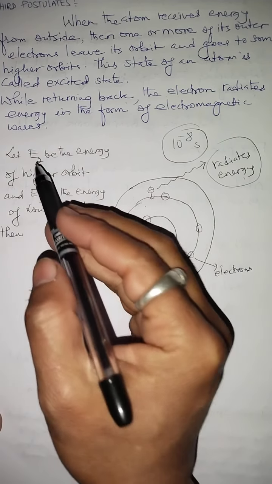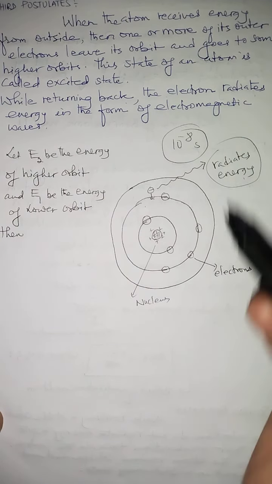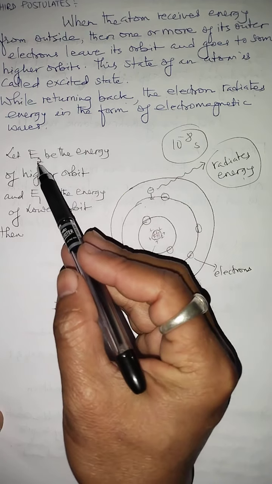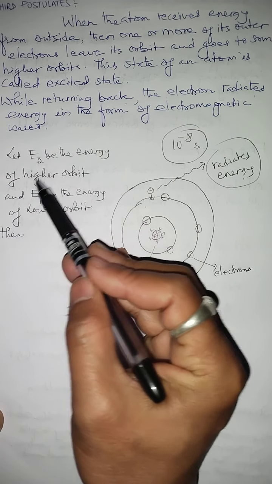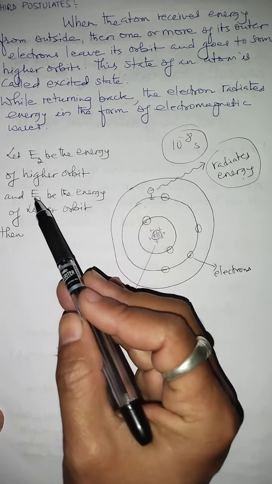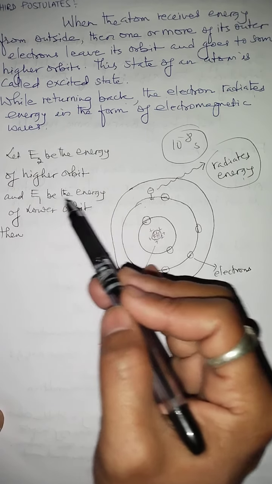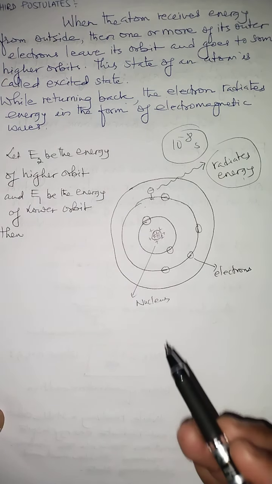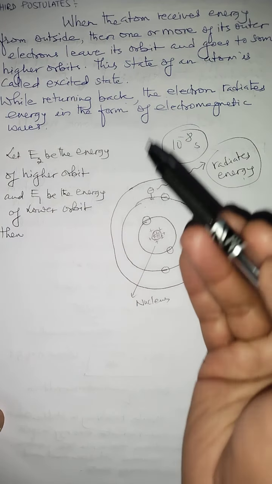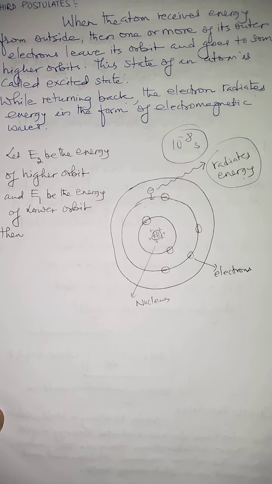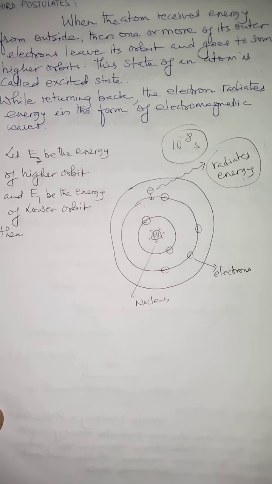Now let me consider the energy of an electron in 2 different orbits. E2 is the energy of the electron in any higher orbit, and E1 is the energy of the electron in any lower orbit. These are the energies of the electron when it jumps from a higher orbit to a lower orbit.